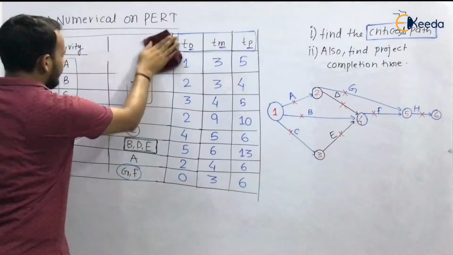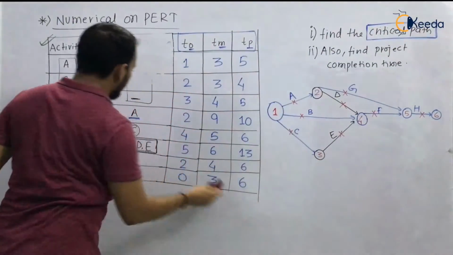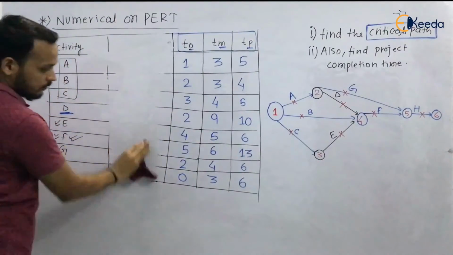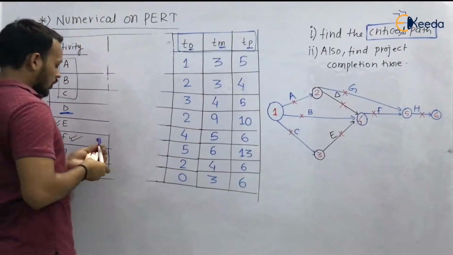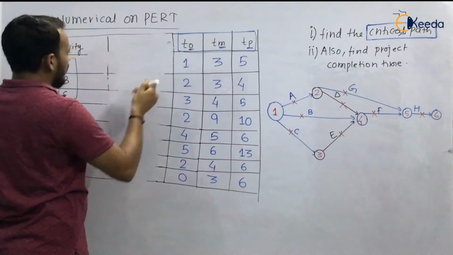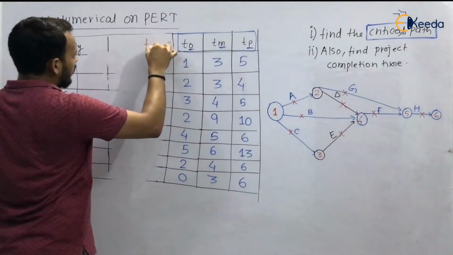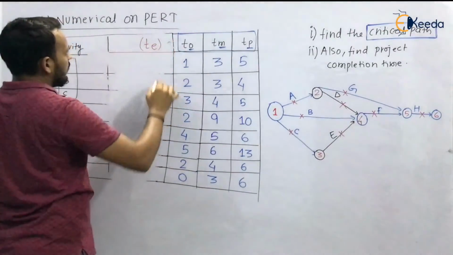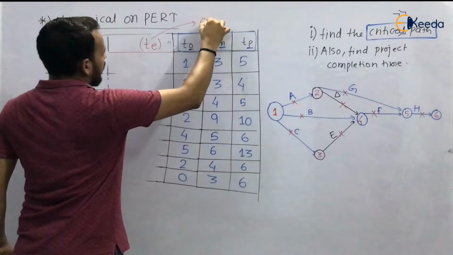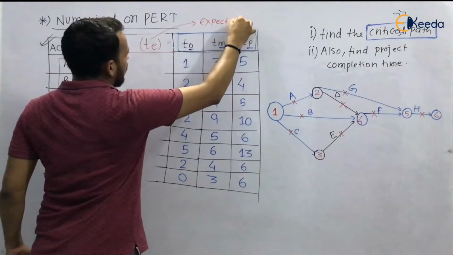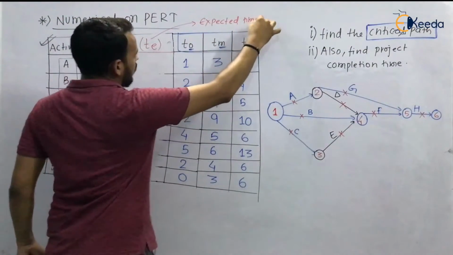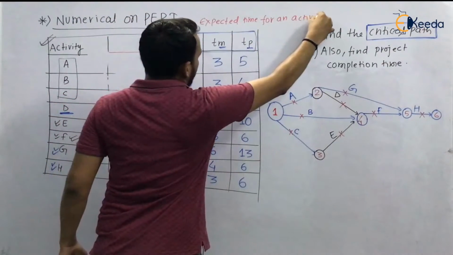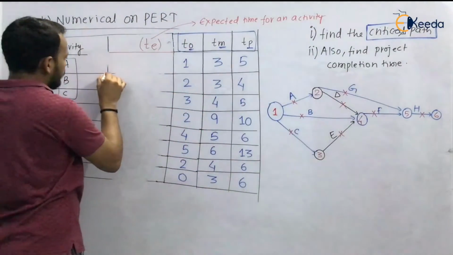So I am rubbing it, you can draw it after this column. I am making it with the help of a red marker. We will calculate TE, that is, T is the expected time to complete an activity, T small e.